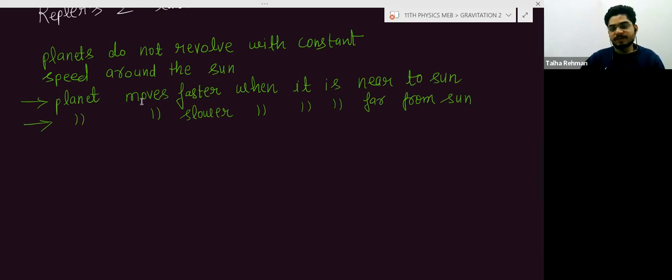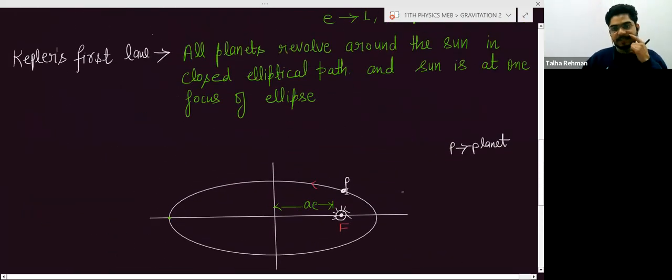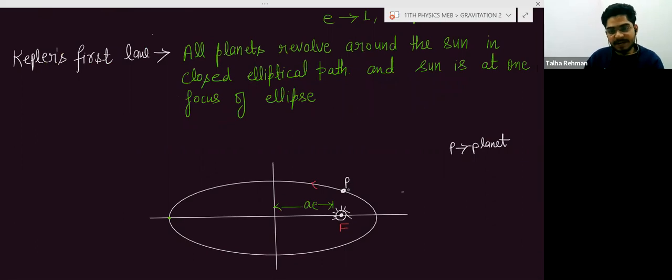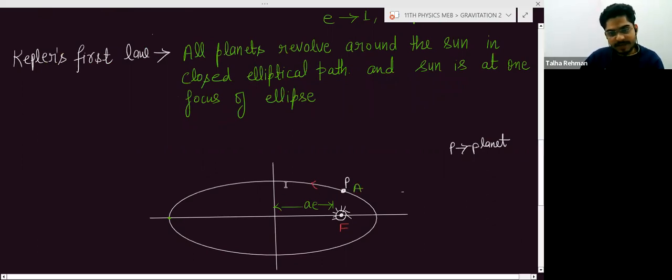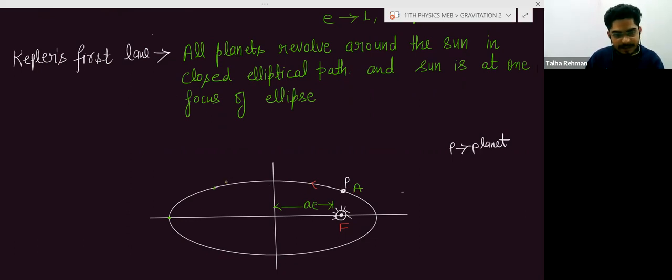So this is a relative statement. Suppose there is one planet P, and at this time this planet P is at A position. Now this planet is revolving. After some time, this planet is at B position.